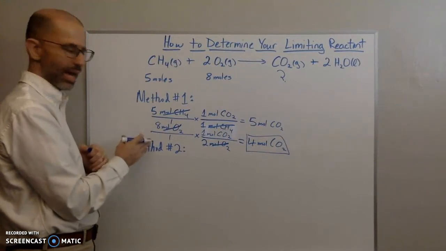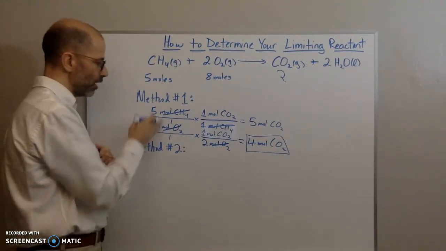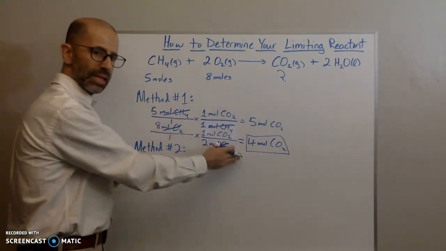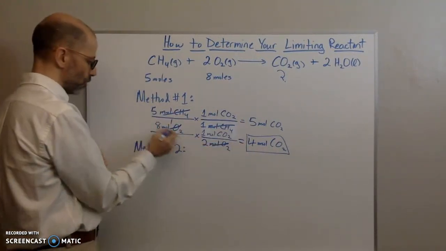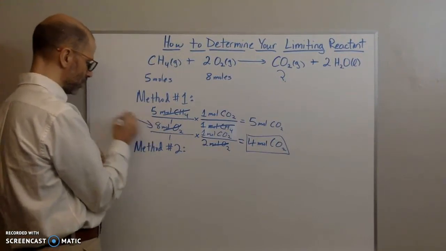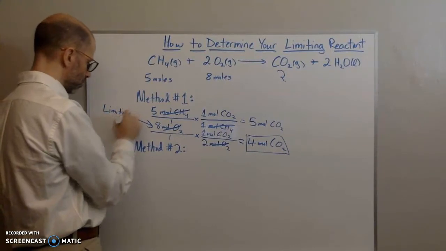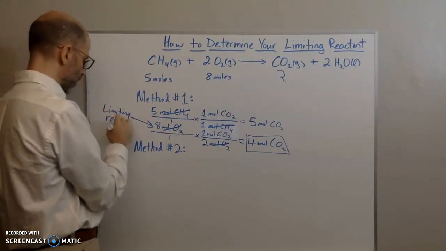It limits the reaction. Whatever reactant gives me the lesser amount is the one that's limiting how much I can make. So in this case, oxygen is the limiting reagent or reactant.